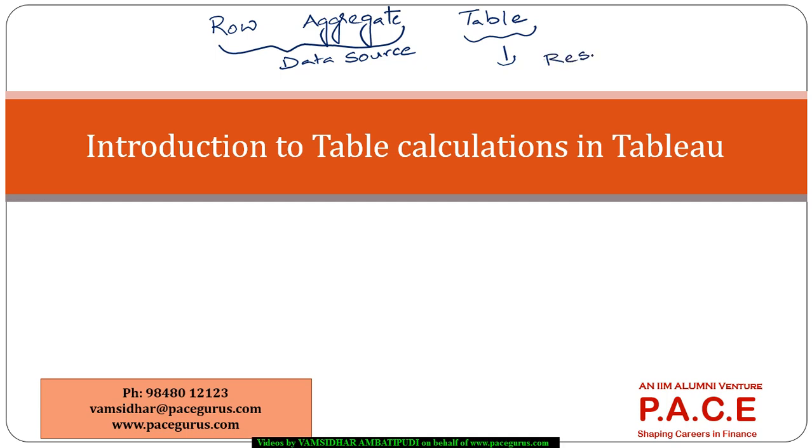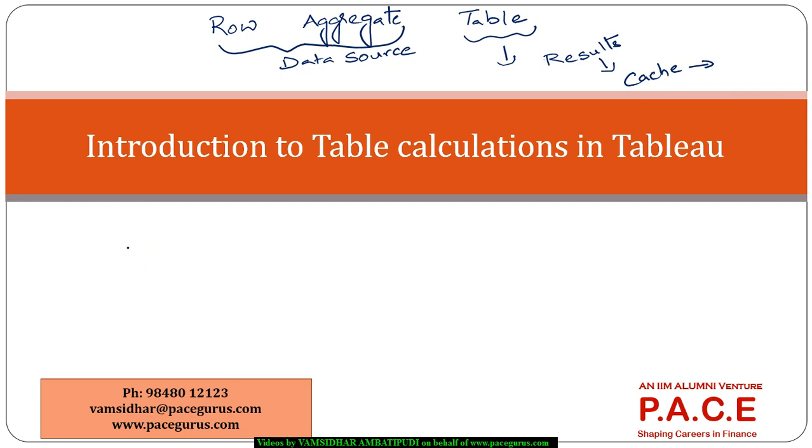The results of the initial query are stored as part of the cache, and before they are rendered into the view, the table calculation is executed from the cache. So before the visualization is rendered, the calculations are happening.